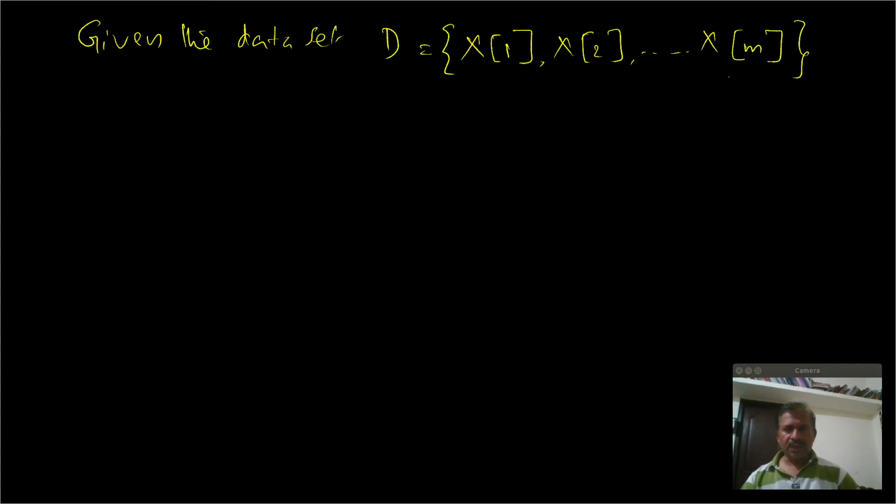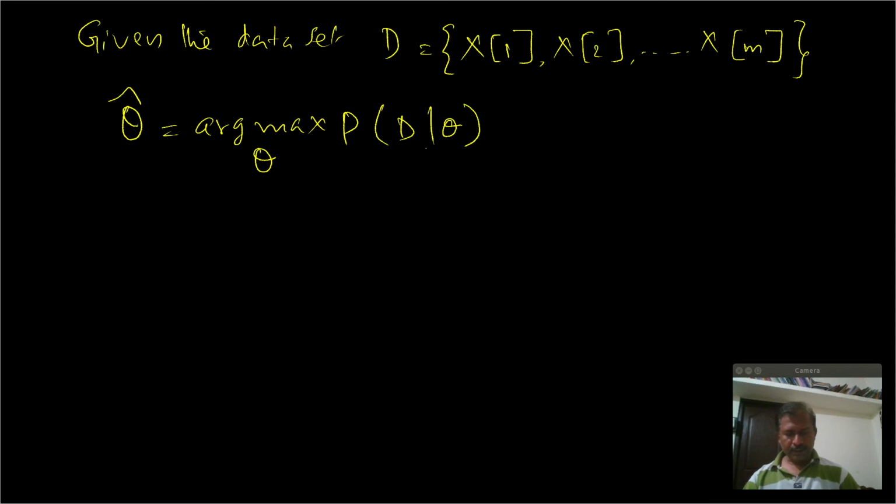So this is the sequence that I have generated. So, example data, basically I have m instances that I have generated, which are heads or tails, right? So the theta cap or theta hat is basically the argmax over the parameter theta of the probability of data given the parameter, right?